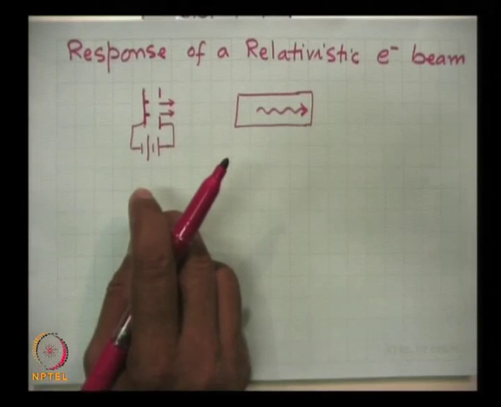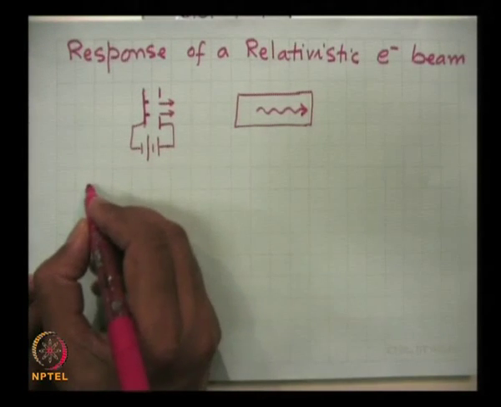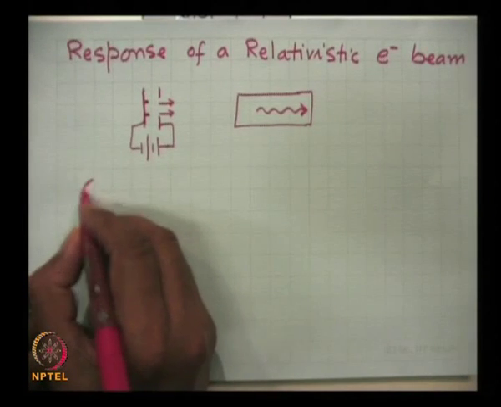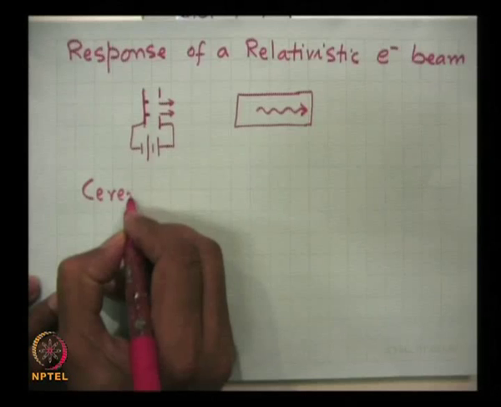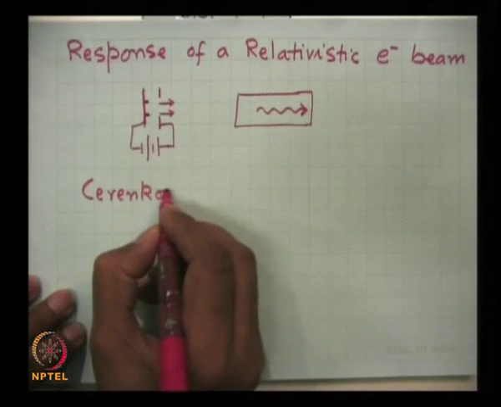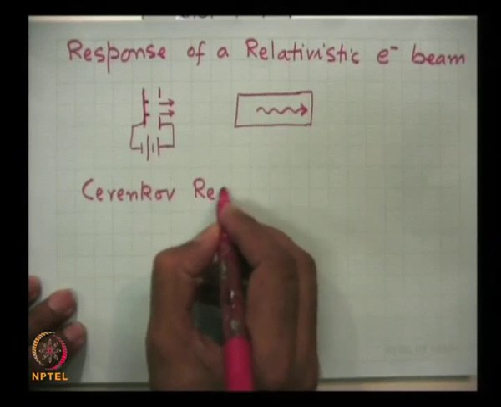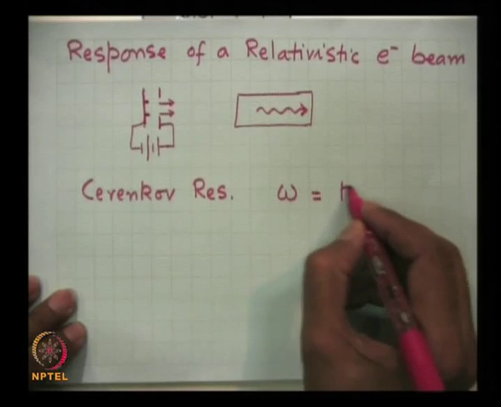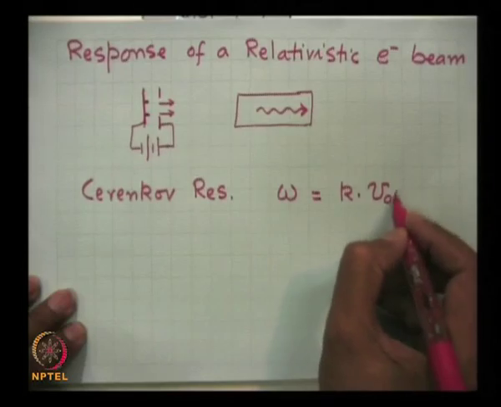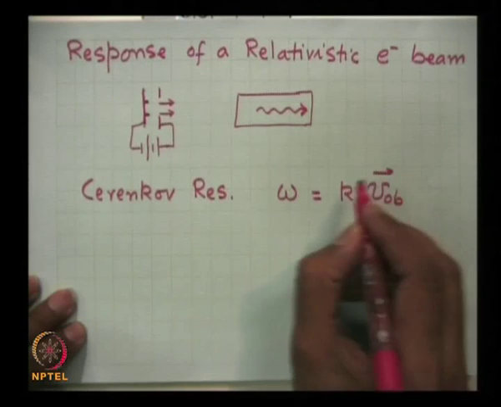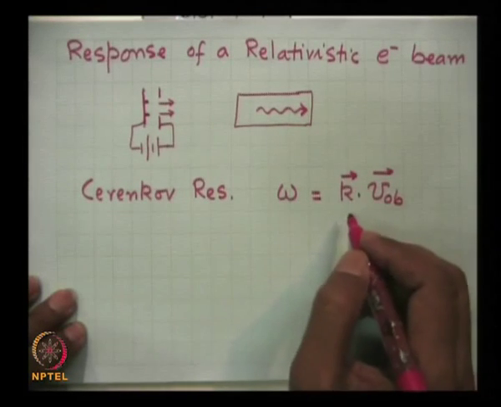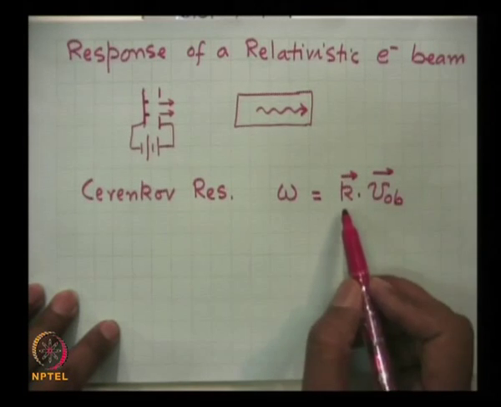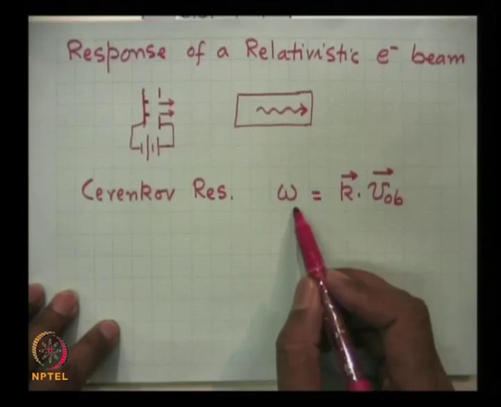One thing you can easily see here is that the wave generation occurs due to Cherenkov resonance, which means that omega has to be equal to k dot beam velocity. This condition turns out to be valid even in a relativistic case. So, what happens when v0b increases, k must decrease to produce a given omega.